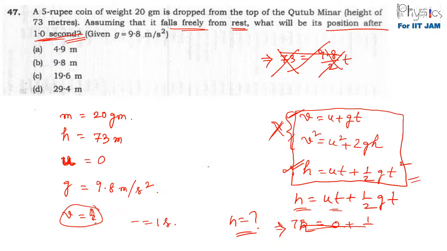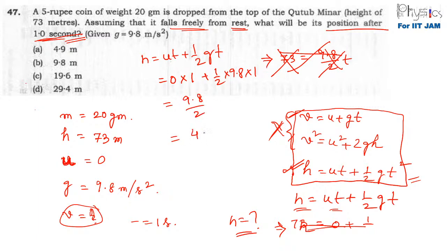So if I put u equals 0, t equal 1, g is 9.8, then we get 9.8 by 2, that is 4.9 meter, right? 4.9 meter.